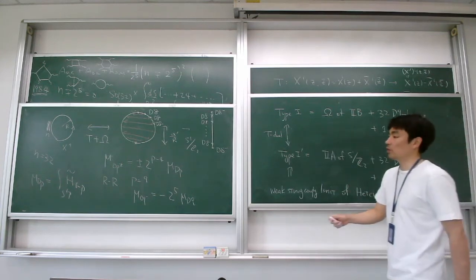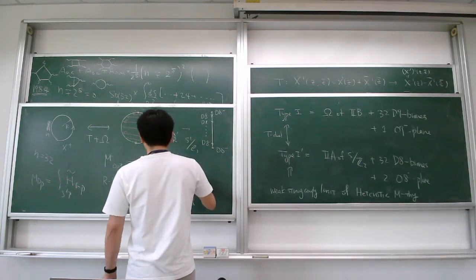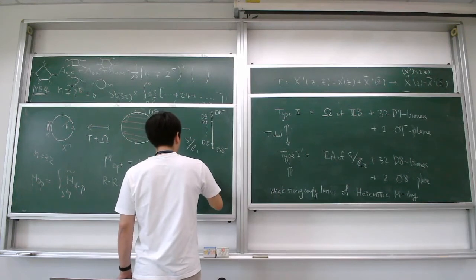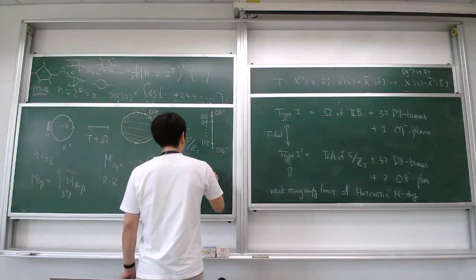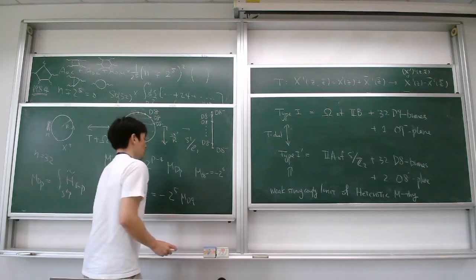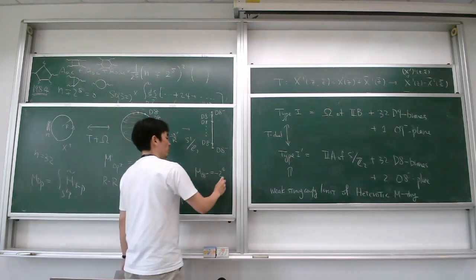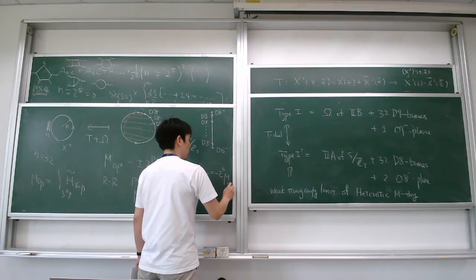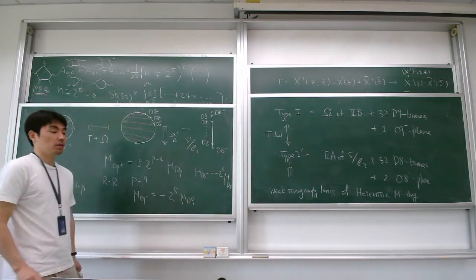So that's cool. That's one way to look at the anomaly cancellation. The same thing, you can take a look at mu of the O8 plane minus, which is equal to minus 2 to the 4 times mu of the D8 plane.